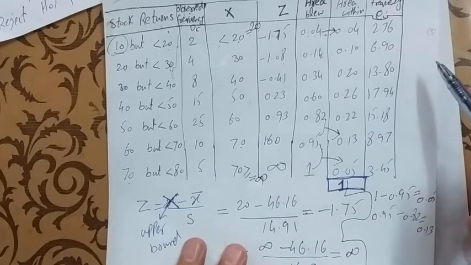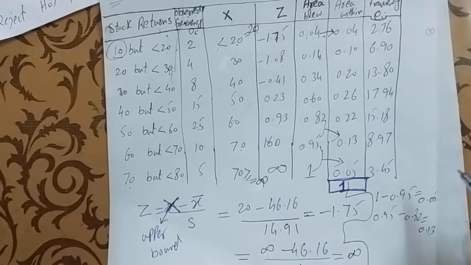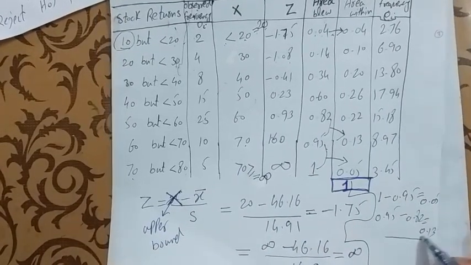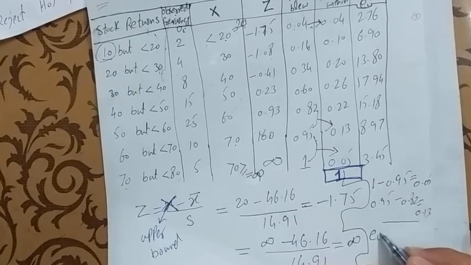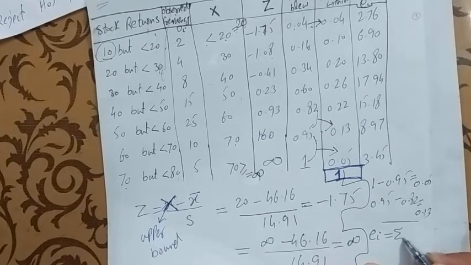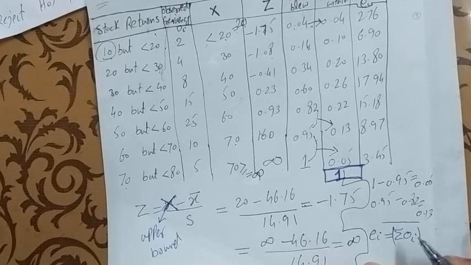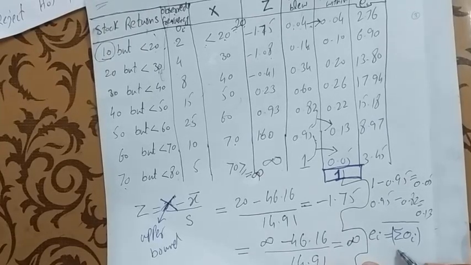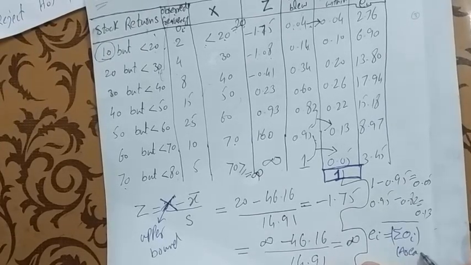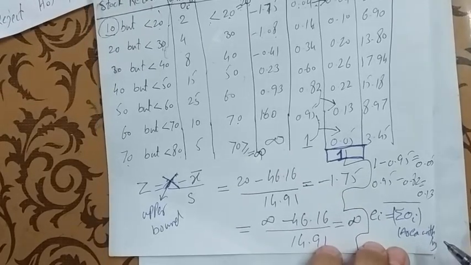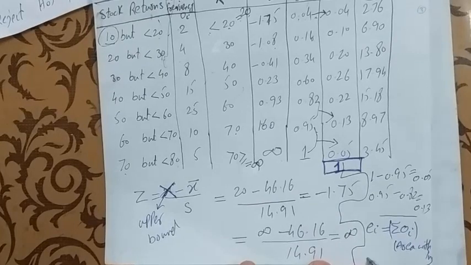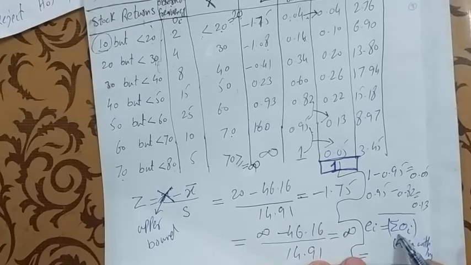So for the expected frequency, we take the summation of OI multiplied by the area within. Students, what is the sum of the observed values?